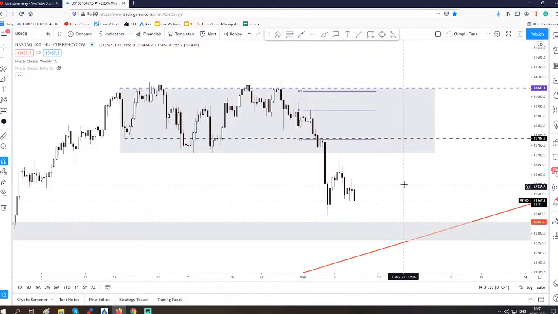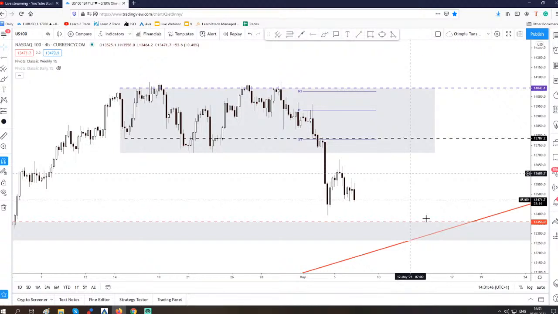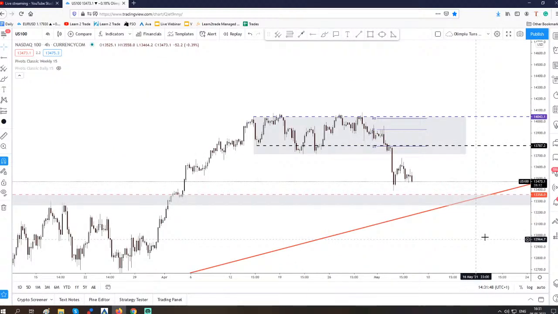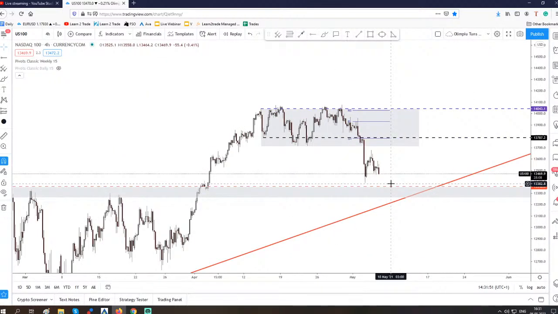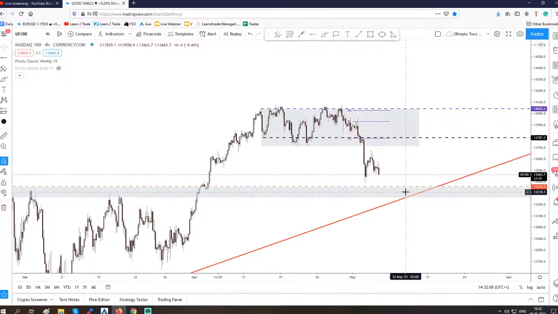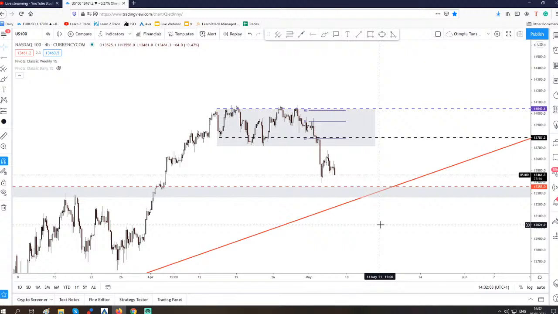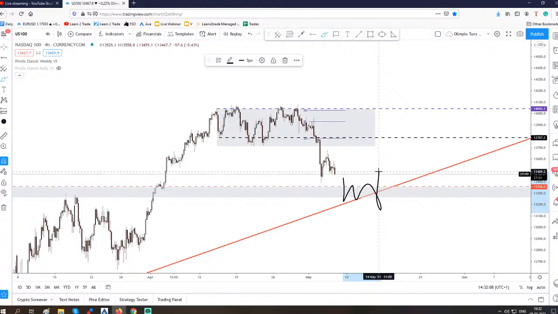This US stock index drops, the US 100, the Nasdaq, and I've told you that it could approach and reach this support area in the short term before deciding its direction. And I've told you here that if we'll have only false breakdowns with great separation below the uptrend line, below this support area, it could bring us a new swing higher, a new long opportunity here on the US 100, guys.